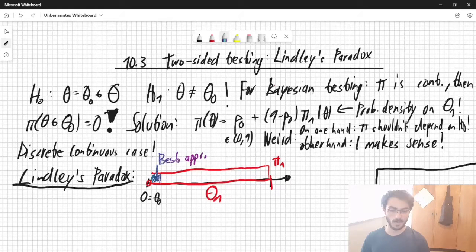And let's say that is close to this best approximation, they have a very low prior. On the other hand, this value here still has the same prior.